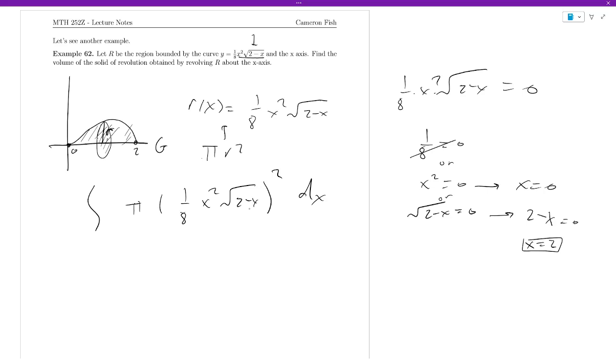Here's 2, there's 0, 0, 2. And this will be an integral that we can do. Just to show off a little algebra here, the squared can go onto the 8, it can go onto the x squared, and it can go onto the 2 minus x root.